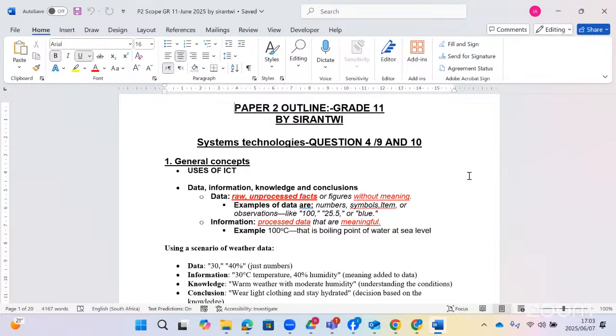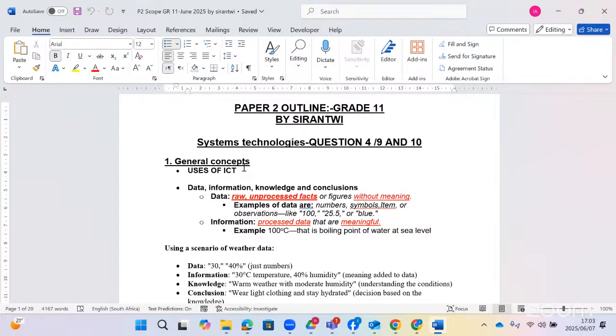You need to know the uses of ICT. ICT stands for information and communication technology. Sorry for that, I always like the information processing cycle, which is IPC, which we will talk about as well.